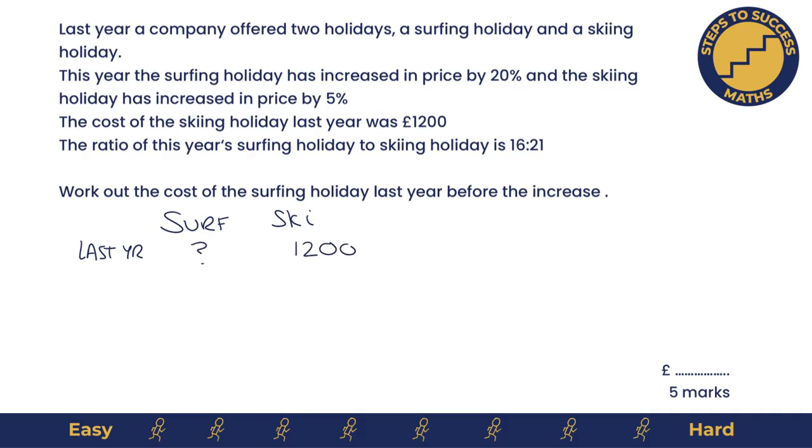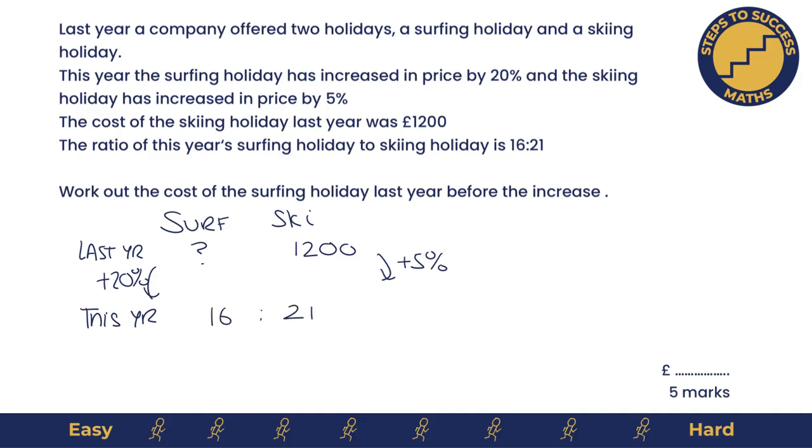You know that the surfing holiday increased by 20% and the skiing holiday increased by 5%. And then we know the ratio of this year's surfing holiday to skiing holiday is 16 to 21.